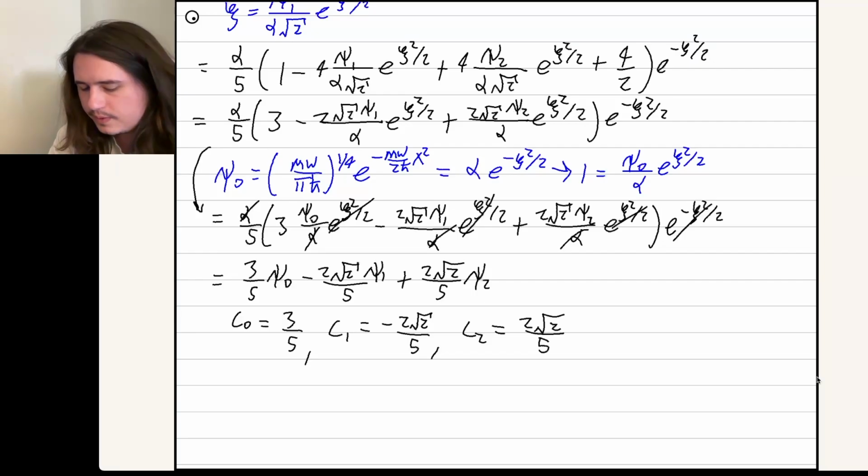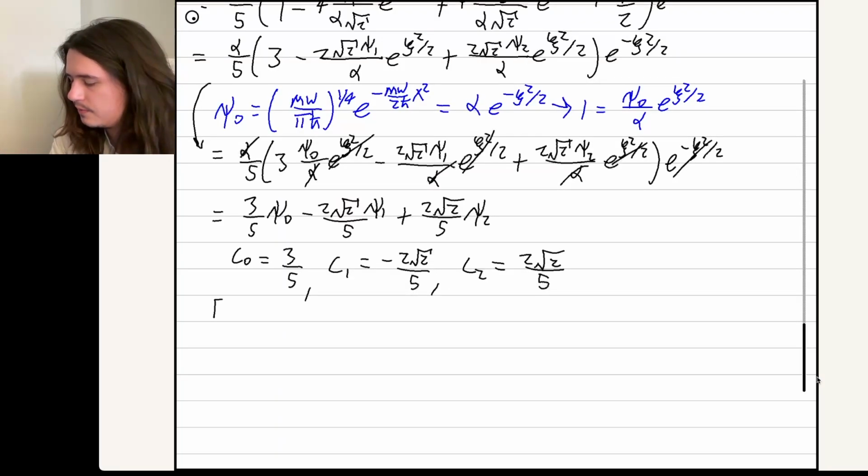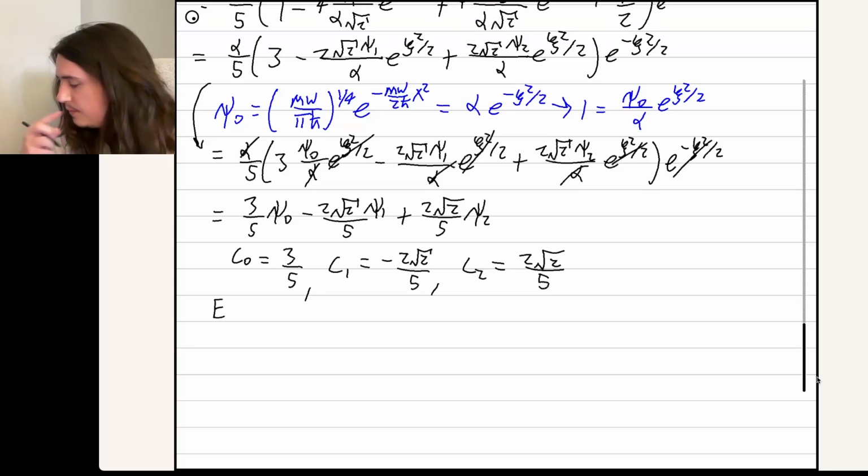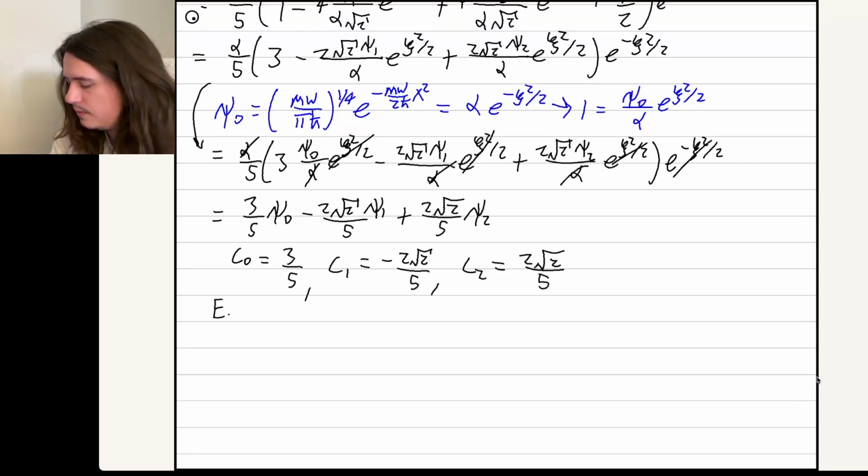And so obviously the energy values that we could observe are E0, E1, and E2, where the energy eigenvalues for the harmonic oscillator are just (n + 1/2) h bar omega.